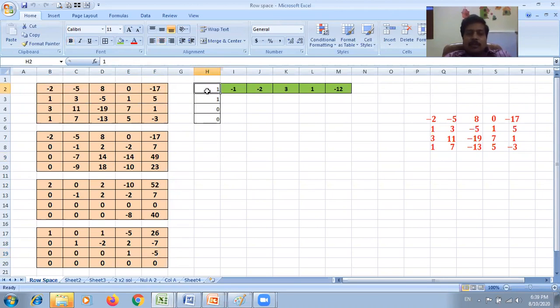The first row can be multiplied by 5, the second row by 6, the third row by -3, and the fourth row by 4. Now this is a new vector, and this vector is in the row space of A. I can change these scalars, of course. If I put 1 and all zeros, I will get the first row.